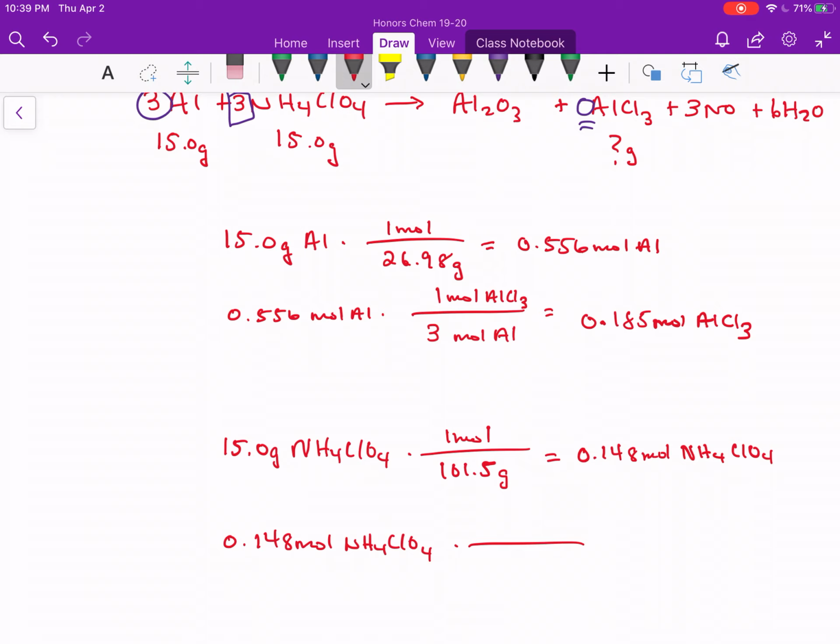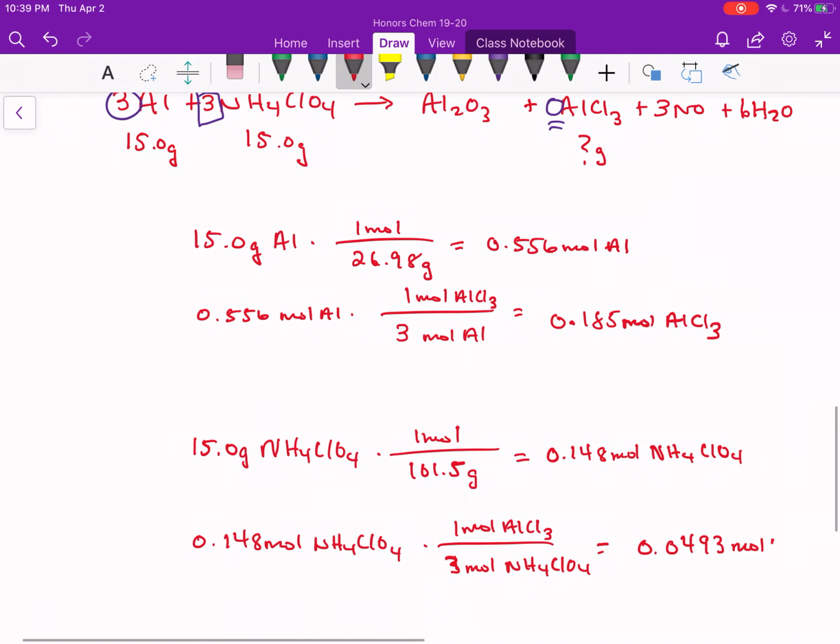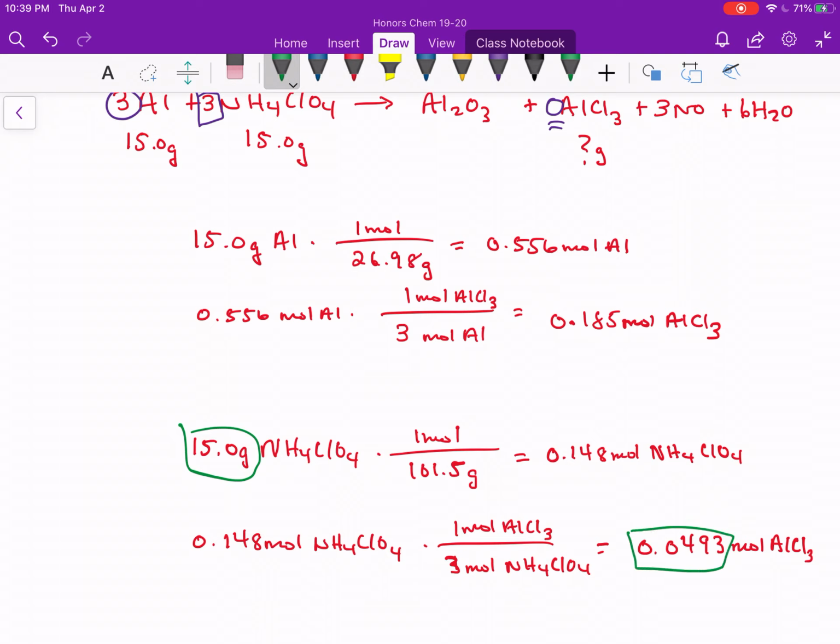So for every 1 mole of AlCl3 I want to produce, I react with 3 moles of my NH4ClO4, and that's going to give me 0.0493 moles of my AlCl3. So now if all 15 grams of this go away, the maximum amount I can make is that. Conversely, if all 15 grams of this goes away, I can make that many moles.